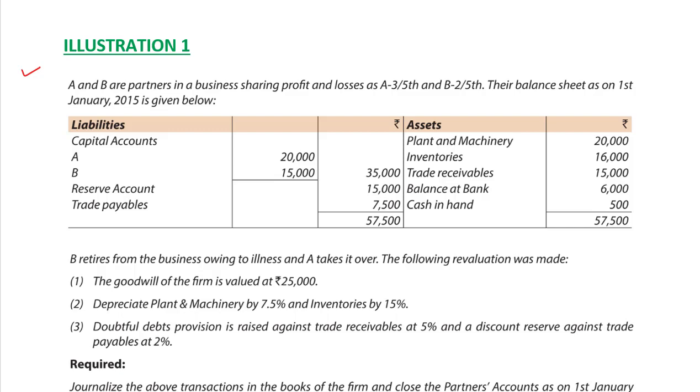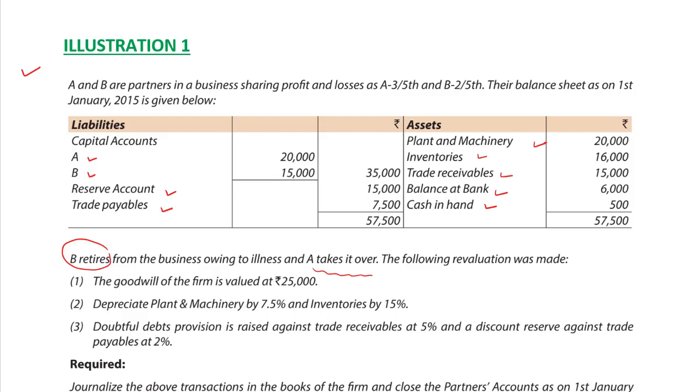Asset side: plant and machinery, inventories, trade receivables, balance at bank, cash in hand. Liability side: capital account of A and capital account of B, reserve account and trade payables. B retires from the business owing to illness and A takes it over.